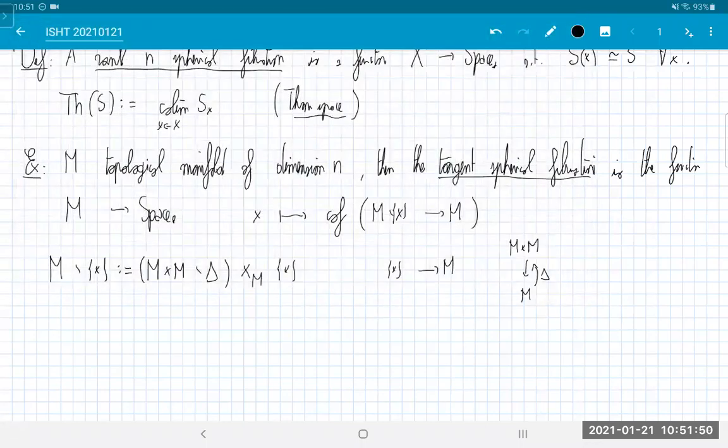So this is indeed a functor that I'm telling you. And now we just need to check that for every X, this is a fiber. Yeah, this is a sphere.